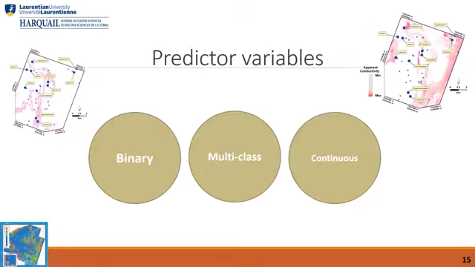We know for sure that if we use binary variables, we simplify our modeling method, but we risk losing some information. With multi-class or continuous variables, however, we add some complexity to our system, but we keep our information.